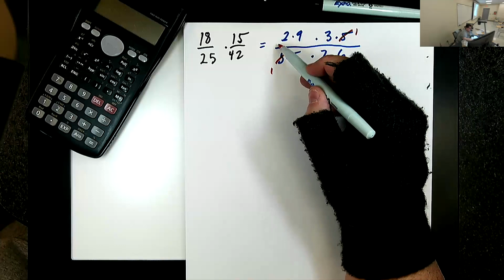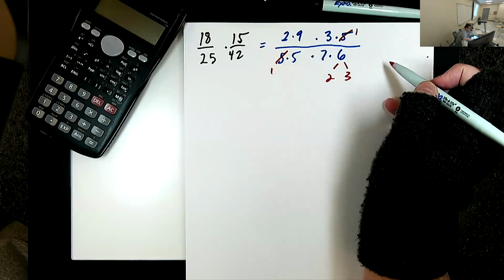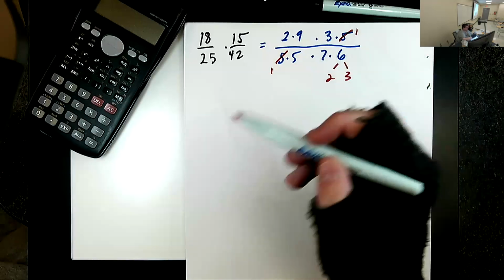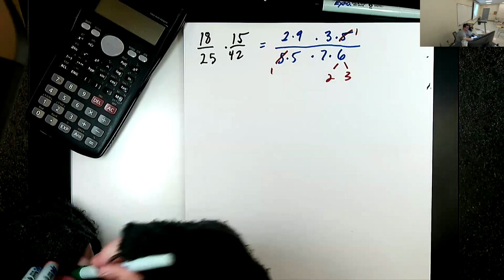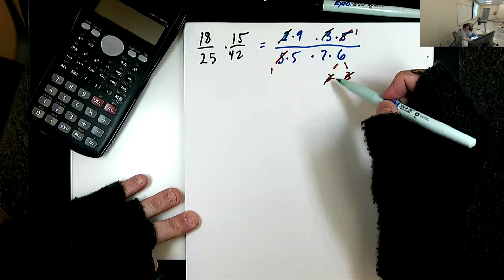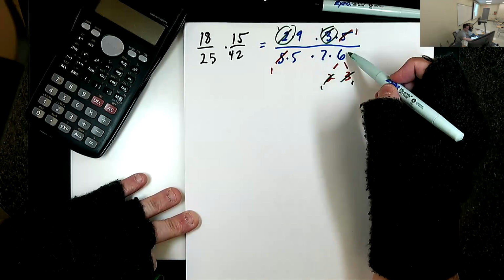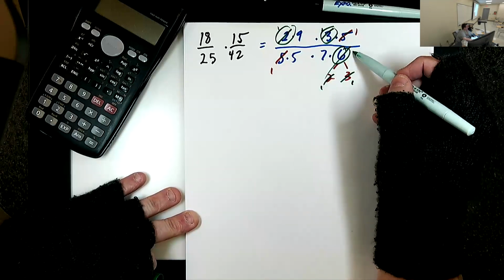I have a 2 and a 3 on top. 6 is 2 times 3. So it looks like the 2 and the 3 cancel with that 2 and the 3. Or you may have just said 2 times 3 is 6 and canceled the 6 there.